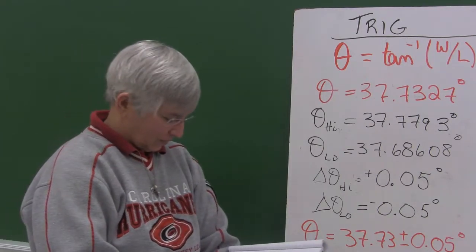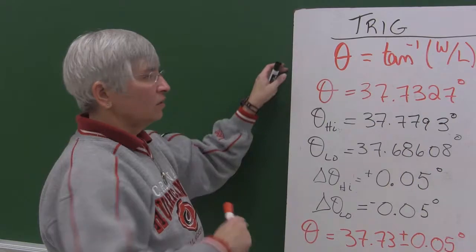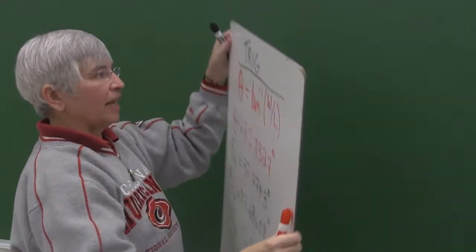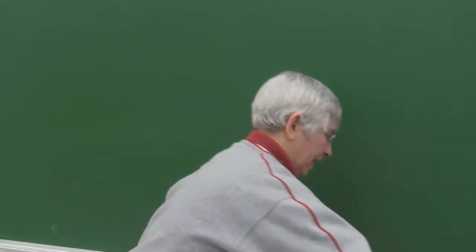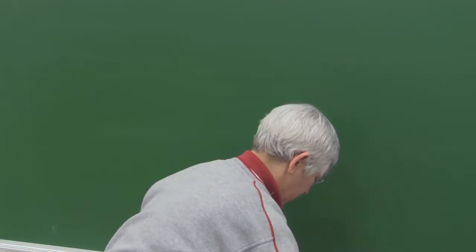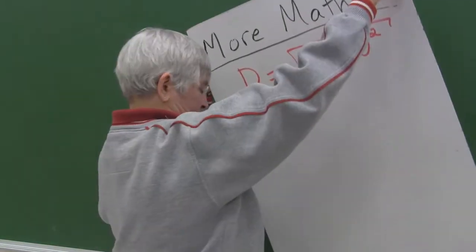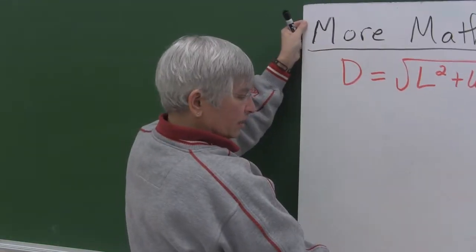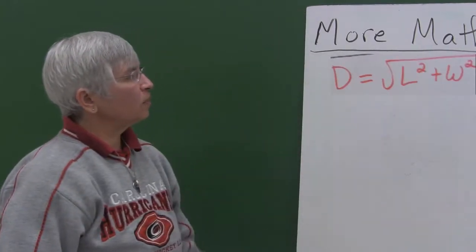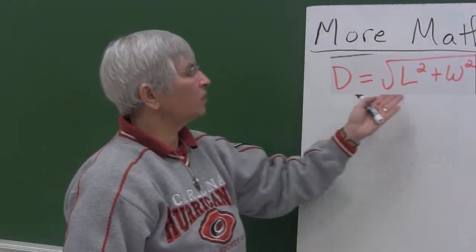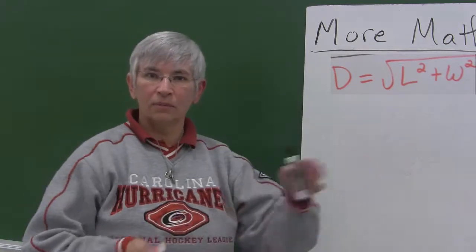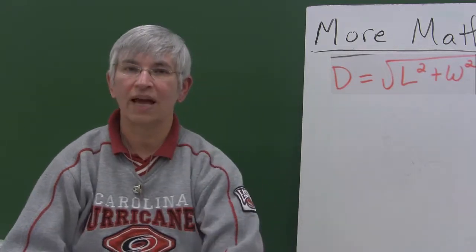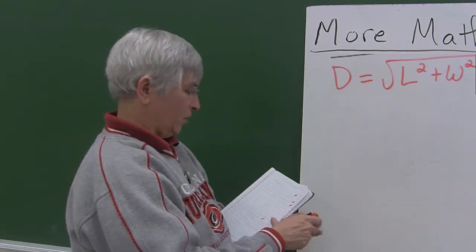One more. The last item that I looked at was the diagonal, because now we're doing more complicated math, and we are trying to include what happens when we square values as well as taking square roots. So using Pythagoras' theorem, I should be able to get the diagonal dimension and then use that to look at the high and the low values.